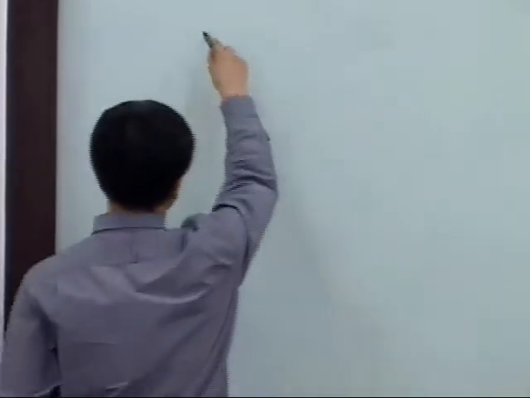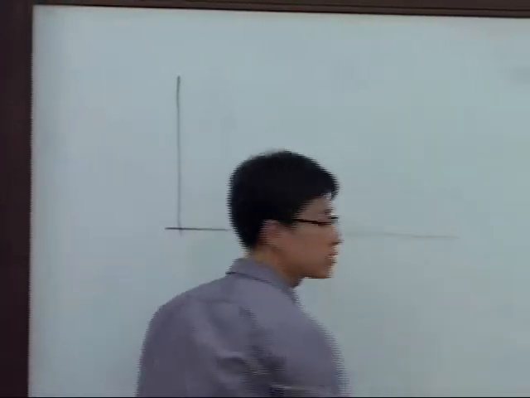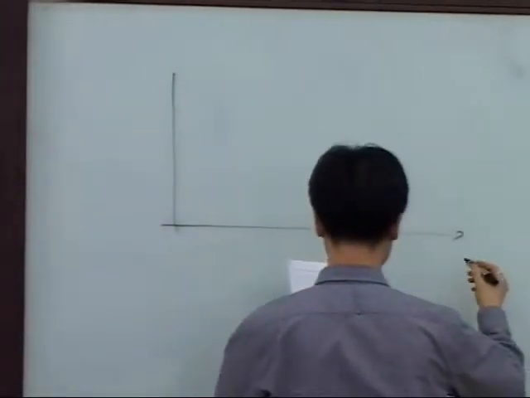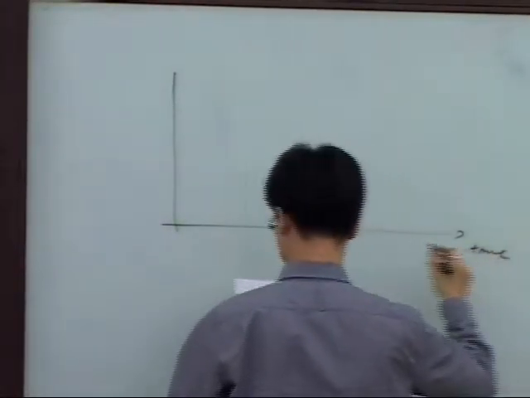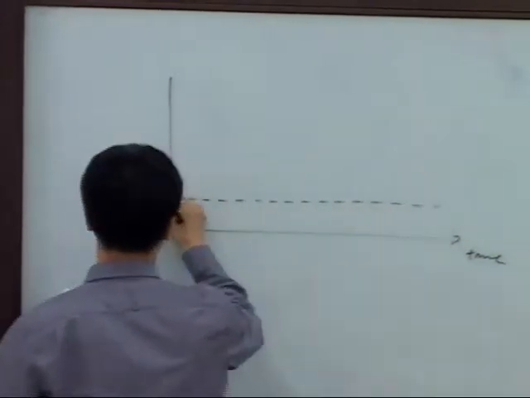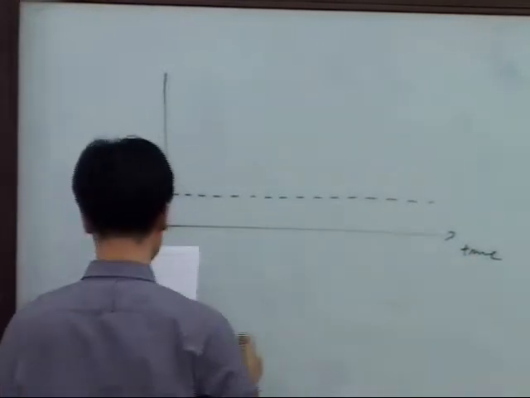Okay, let's continue on this model. In the previous class, we talked about this slightly modified EOQ model. This is time. This is the reorder point.